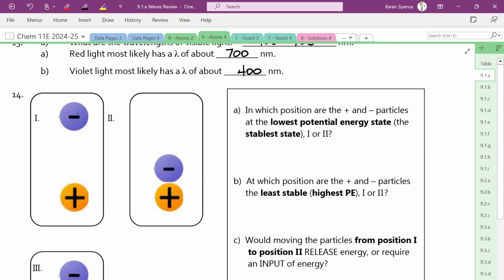This is further out than this. That's why it would require more energy to go to 2. Get it? So this has to go to this, or this has to go to this. But which one involves greater change in potential?